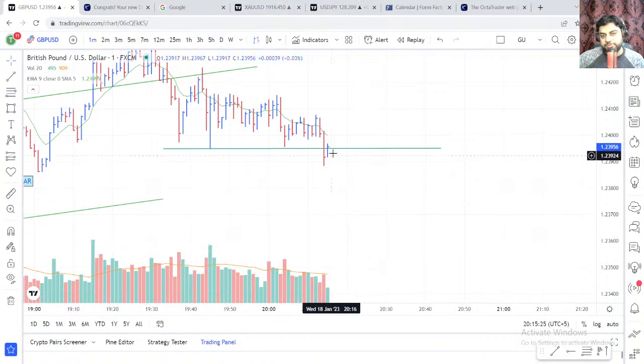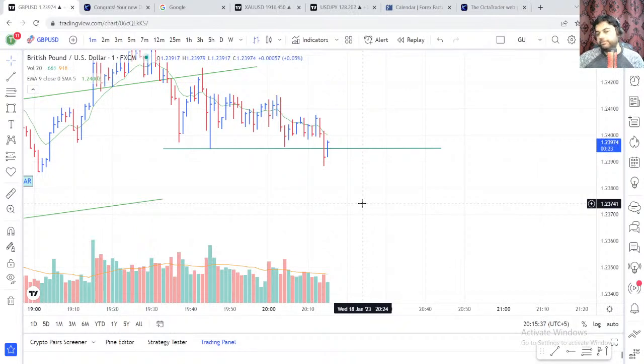If the market comes back all the way up to this level and then falls down, then I will enter on the opposite side. I will make another trade. And that will be what? That will be a sell trade, but not yet.